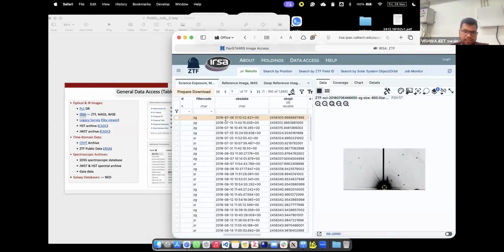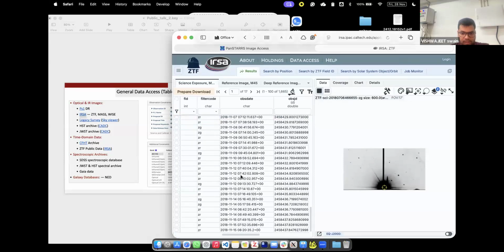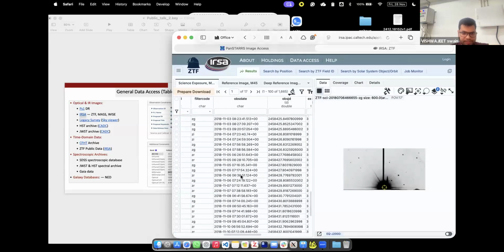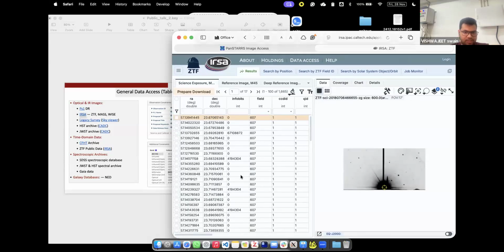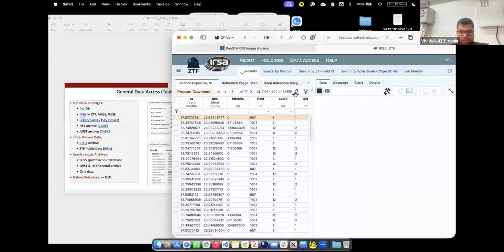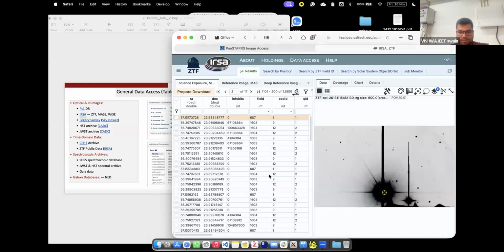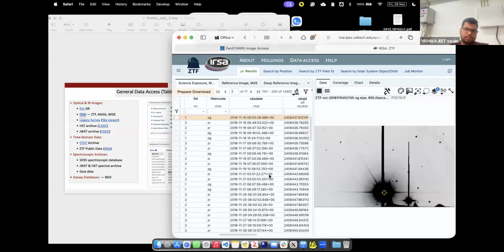For example, here we can see that it was observed from 2018, and we can see over the different data how it was observed. It has almost 1665 images at different times, and from there we can check if something at a particular position evolved. From start to different images, we can get that evolution information from the different images.